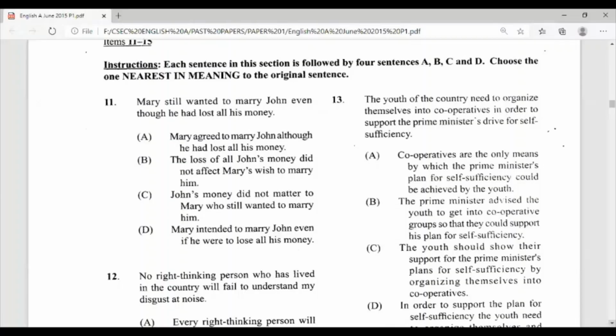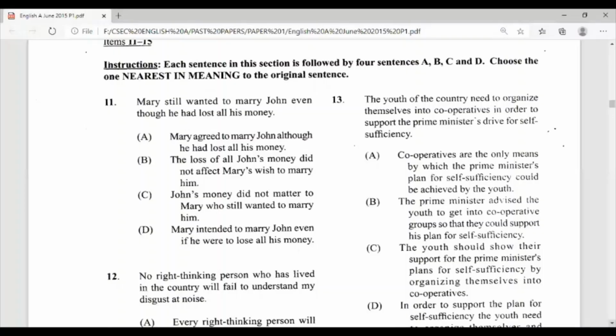Mary still wanted to marry John, even though he had lost all his money. So she had plans to marry and she's still going to go ahead with it. He lost the money.